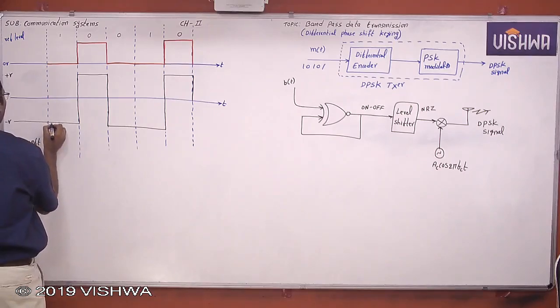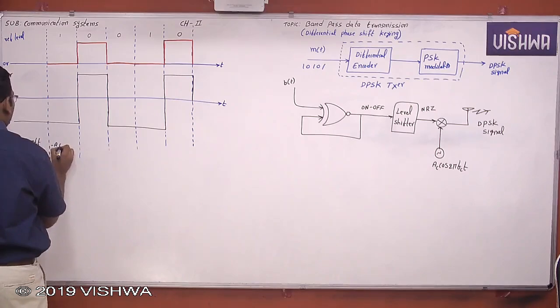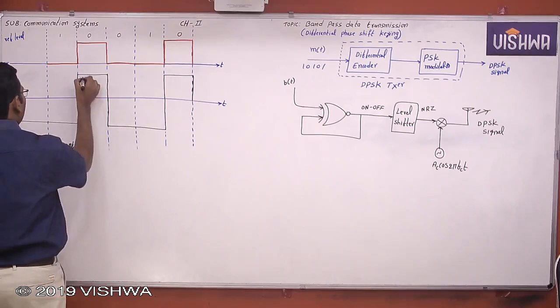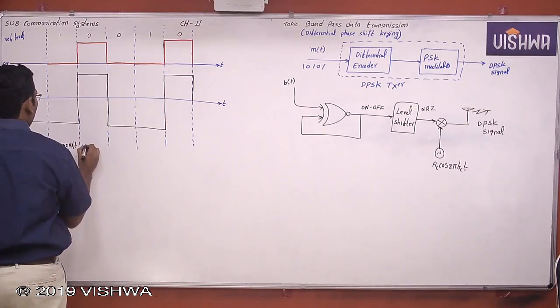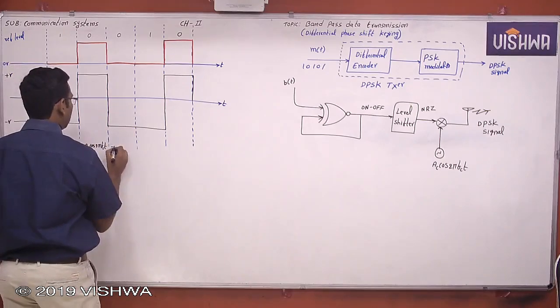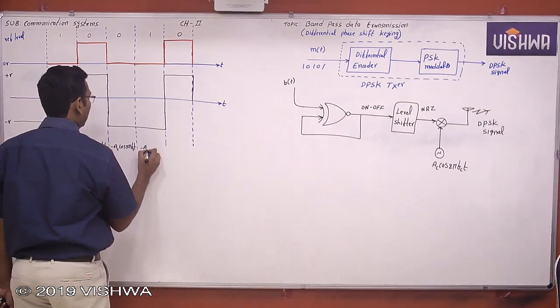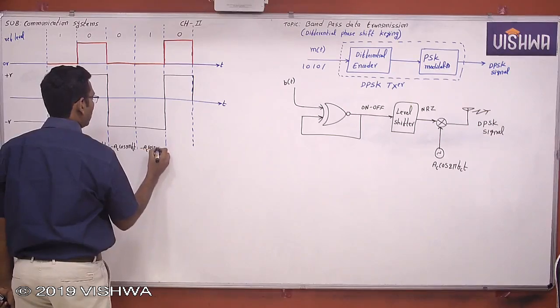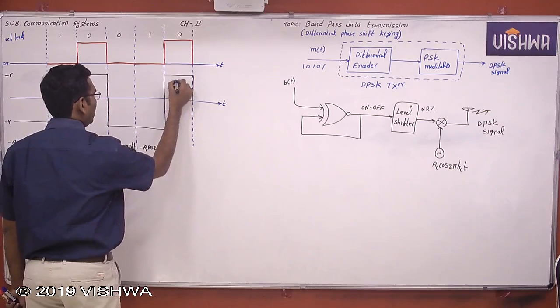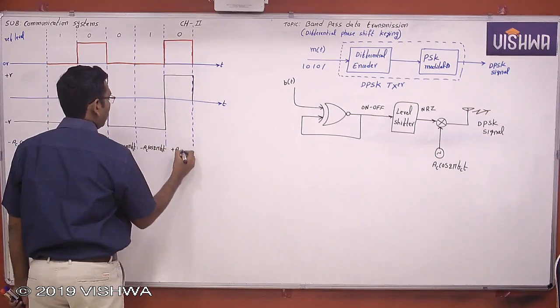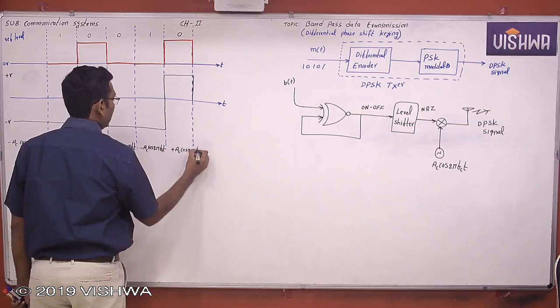Ac cos 2 pi fc t multiplied with plus gives plus Ac cos 2 pi fc t, and multiplied with minus gives minus Ac cos 2 pi fc t.